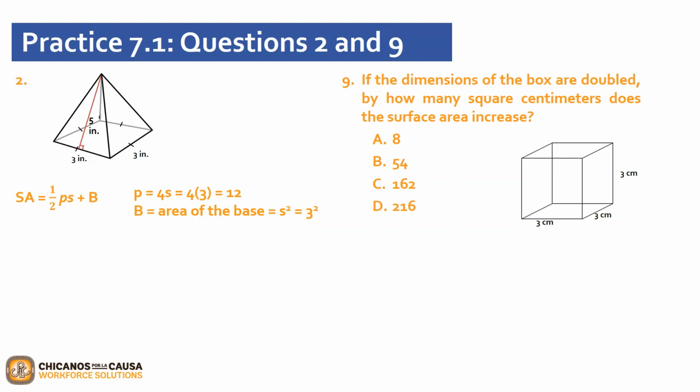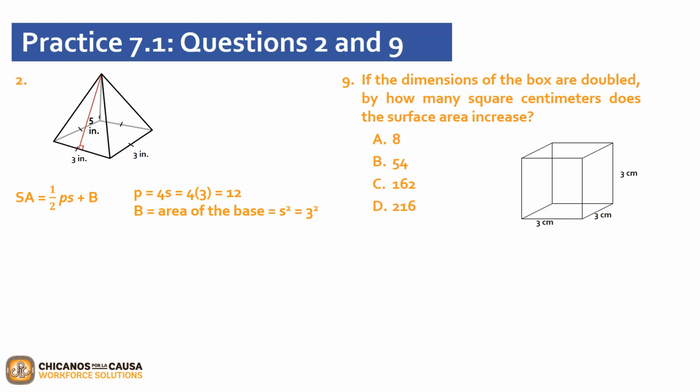Now we're going to calculate the area of the base. Once again, we're going to use the formula for a square because our base is a square. In order to find the area of the base, it's s to the second power. So in this case, s, or side, is 3 inches. So the area of the base is 3 to the second power.